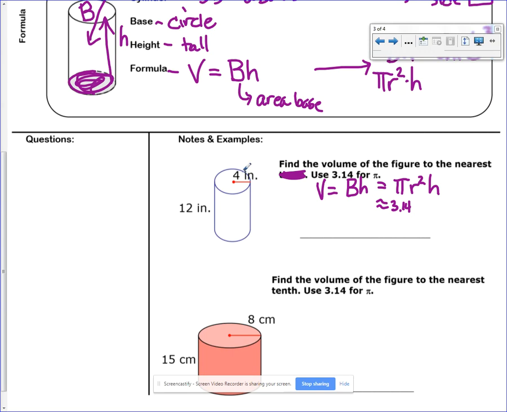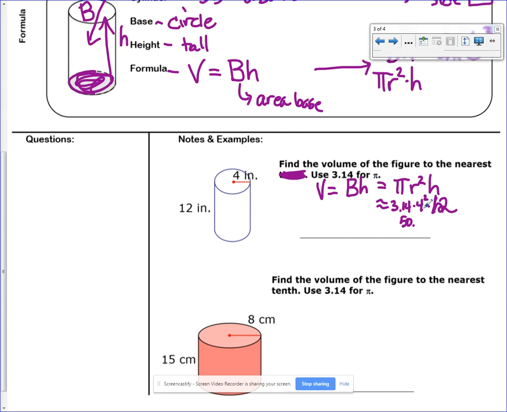All right, let's get our handy dandy calculator going. Pi, there's our approximation. The radius is 4 squared times the height. Let's see, that's 16. I guess I can put a 12 in there. All right, if I get pi times that 16, I think that's about 50 point, is that 50.24? I'm trying to remember. 16 times 3.14.